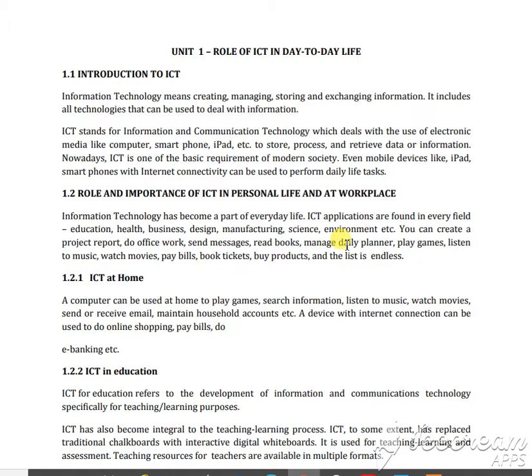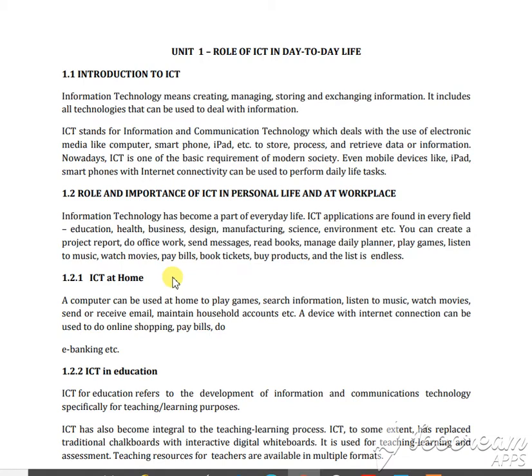In every field we find that ICT plays a very important role. When you see a movie, you purchase a ticket, or purchase food from the food counters, or pay bills at shopping malls, or book railway or airway tickets from your home, those are the different patterns of ICT that you are using.